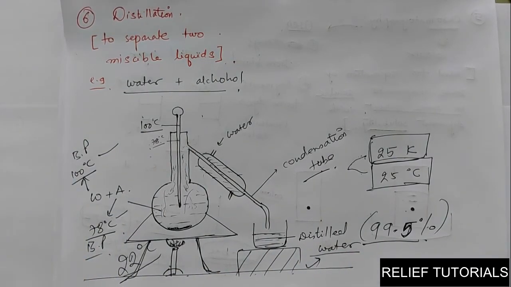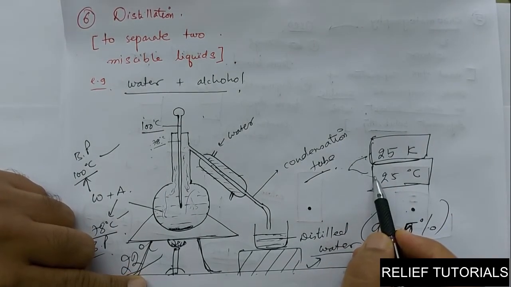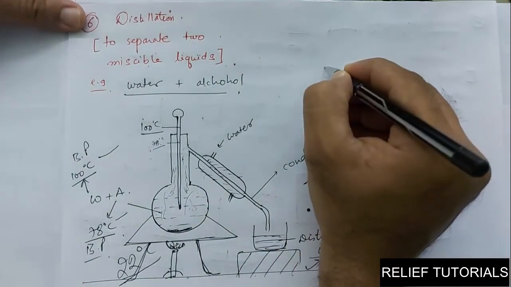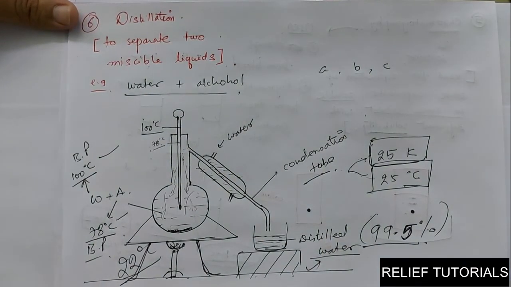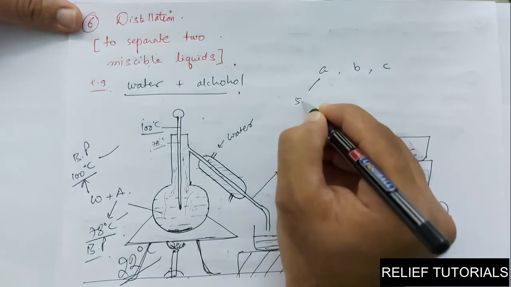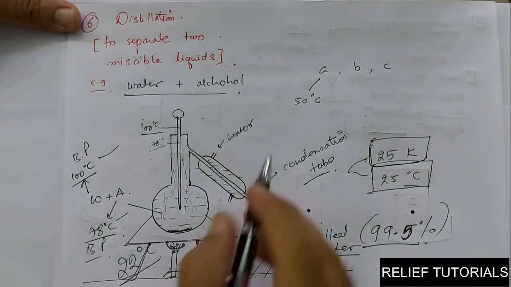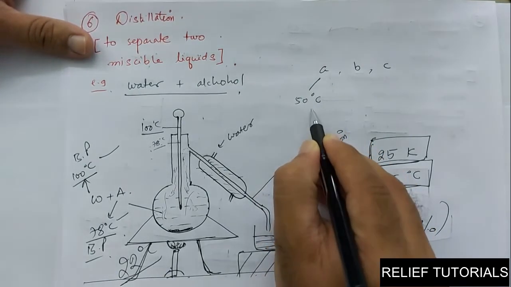If the boiling point difference between these two, let me use an example for complete understanding. Let us say I have a mixture of three different liquids, A, B and C. The boiling point of A is 50 degrees Celsius. Do you know 50 degrees Celsius means how many Kelvin? You have to add 273.